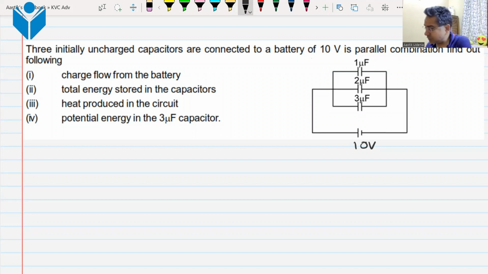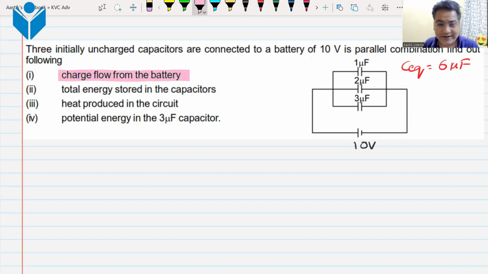So how are we supposed to do this? We can find out the equivalent capacitance of this combination. What will be the equivalent capacitance? It will be 6 microfarad. Do we understand this? Yes, sir. Then from there you can find out the total charge which has flown through the battery. The total charge which has flown through the battery will be 6 multiplied by 10.